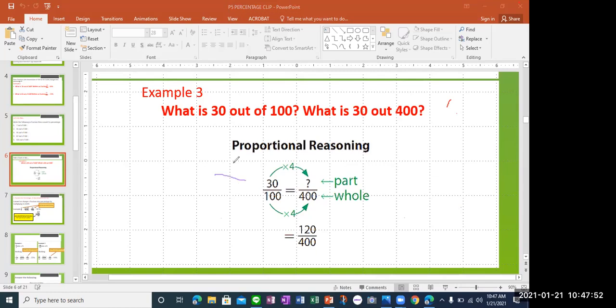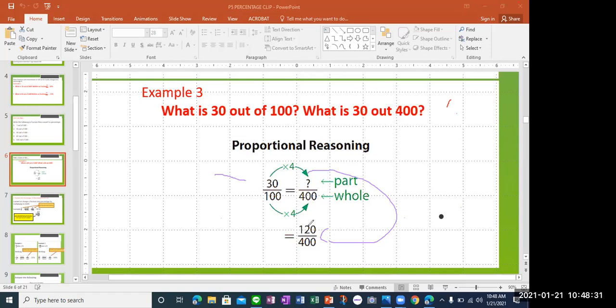It's easy. You're going to just say it: 30%, of course, or 0.30. Now, what is the equivalent of 30 over 100? Think of a number you can multiply by 4 and you get 120. So that means the 400 is the whole part and the 120 would be the fraction part.